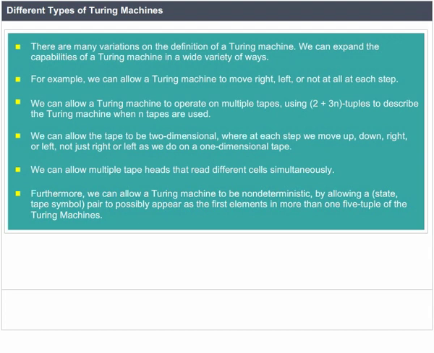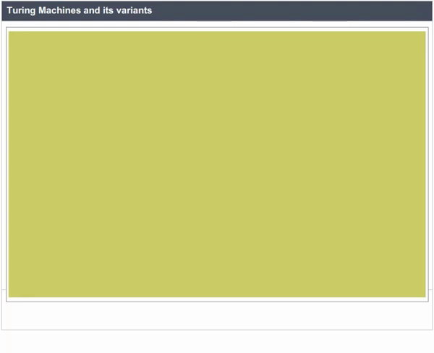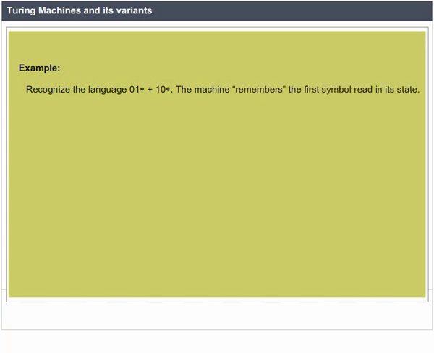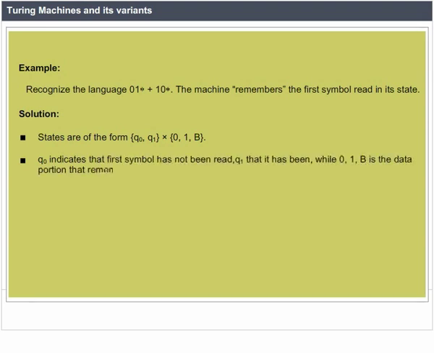Turing machines and its variants. Example: recognize the language 01* ∪ 10*. The machine remembers the first symbol read in its state. Solution. States are of the form [q0, q1] × {0, 1, B}. q0 indicates the first symbol has not been read, q1 that it has been, while {0, 1, B} is the data portion that remembers the first symbol.